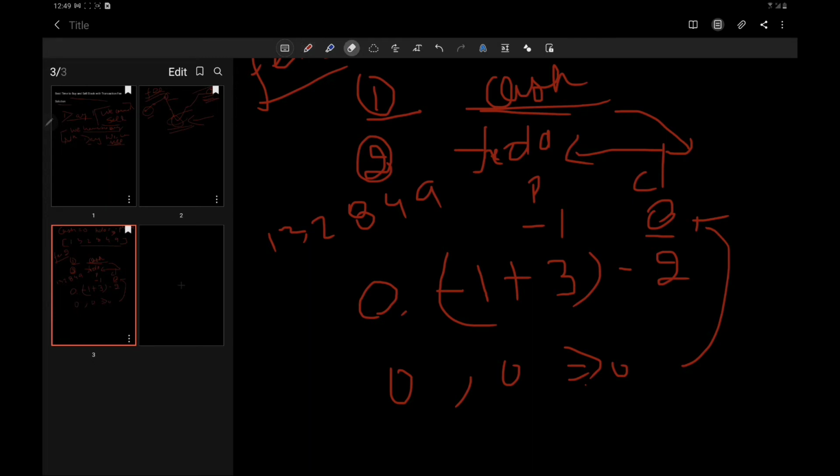Either we take the cash value already present, or we do a transaction, and we will look for the maximum.